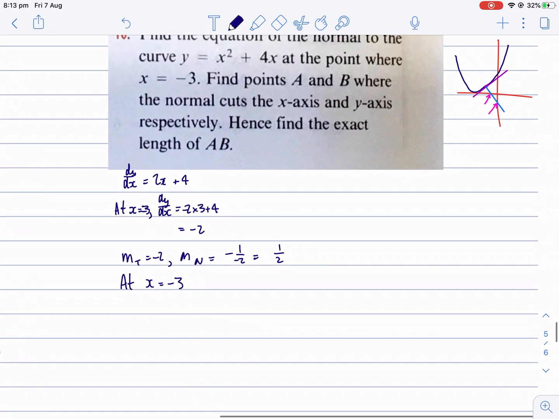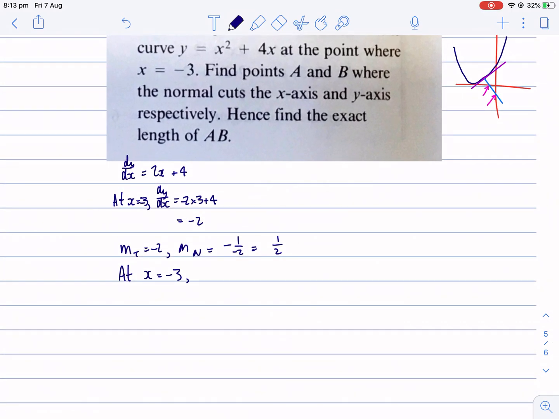But we still need to know the coordinates where the normal cuts, like when x equals minus 3. We need the y-coordinate. y is negative 3 squared plus 4 times negative 3. So the y-coordinate is 9 take 12, negative 3. So y take y1 equals m outside of x take x1.